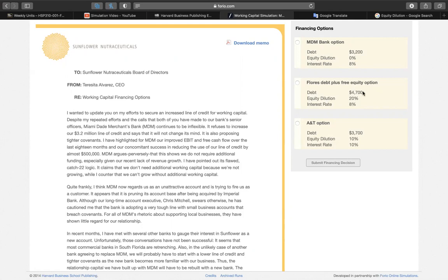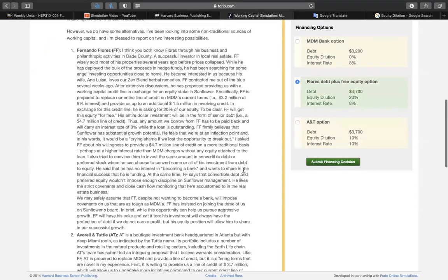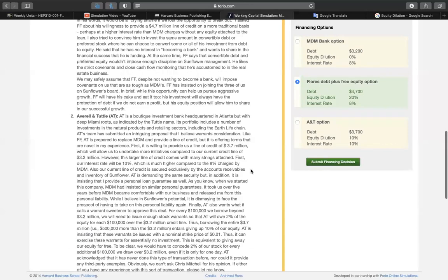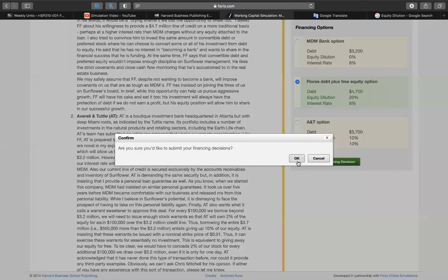But we also loan more money from here, like 4,700. So I think this is the best option that we have, just in my opinion. So I'm good with this decision.